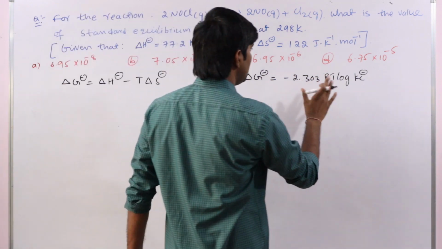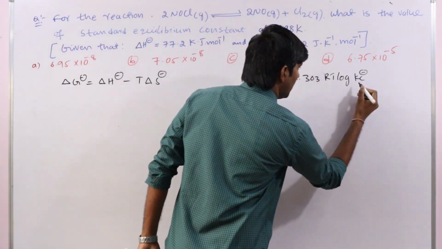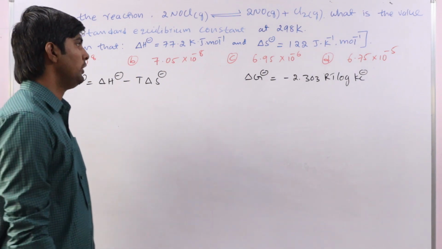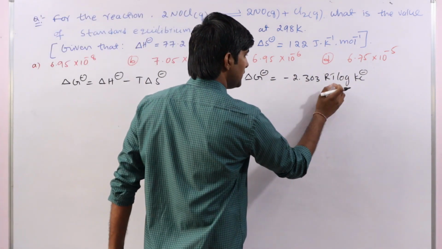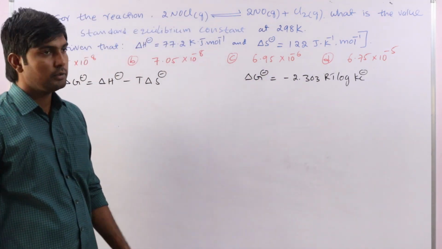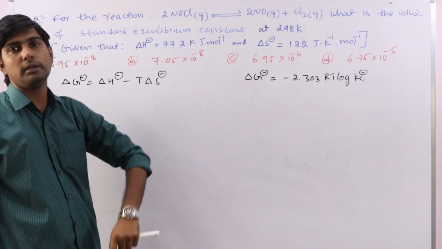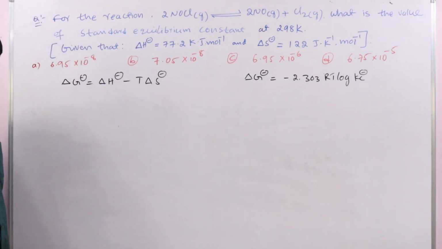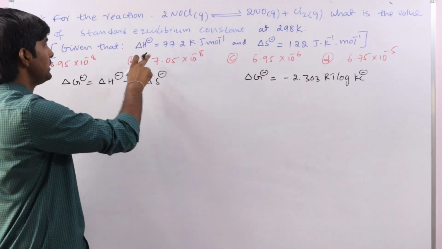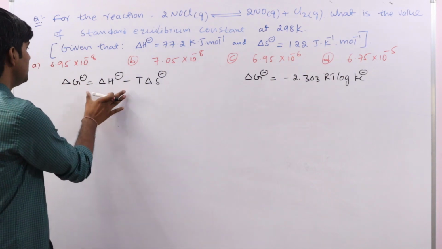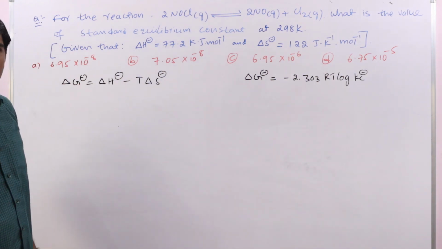We have to calculate Kc naught. The standard equilibrium constant is what we want, this is provided, this we know, but this we don't know. So first you should calculate standard Gibbs energy change by utilizing this relation, because these two are given.